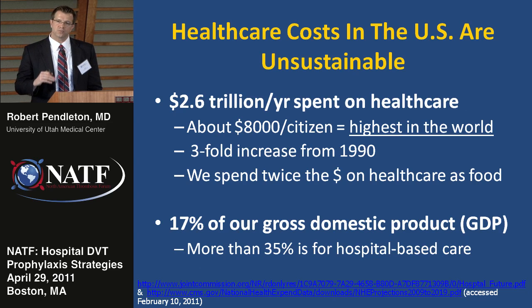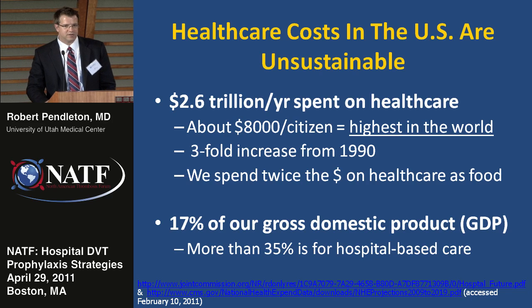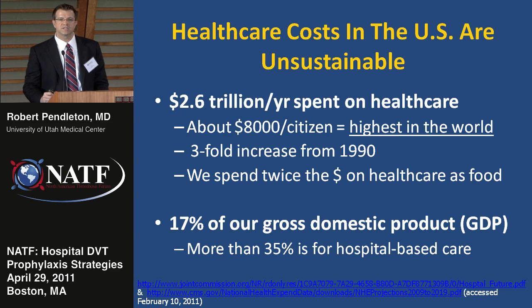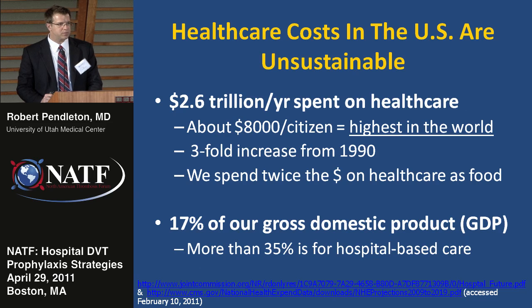This represents a threefold increase in spending on healthcare in the past 20 years, and currently we spend more money on healthcare in the U.S. than we do on food. This represents about 17% of our gross domestic product, and importantly, over a third of all healthcare spending occurs in the hospital setting. So that's a prime area to focus opportunities, not just to improve quality, but to also reduce costs.